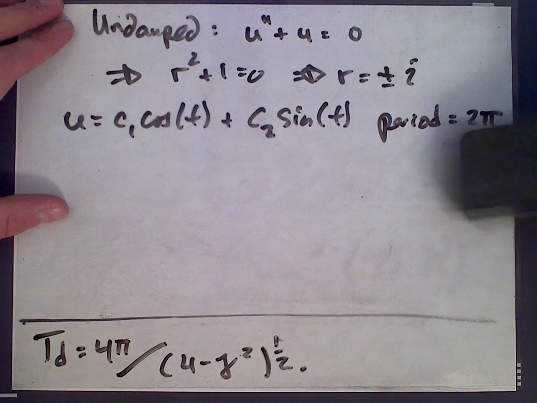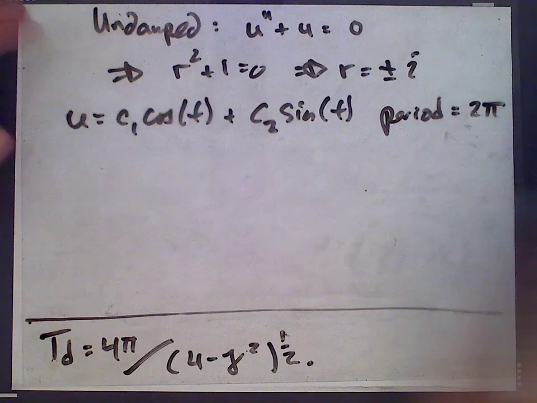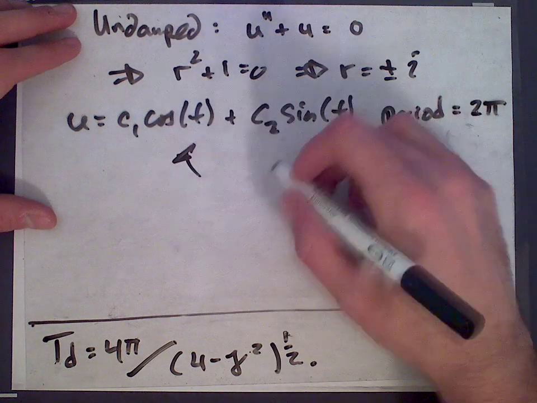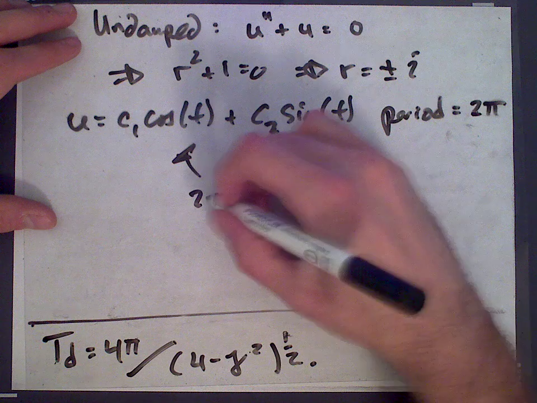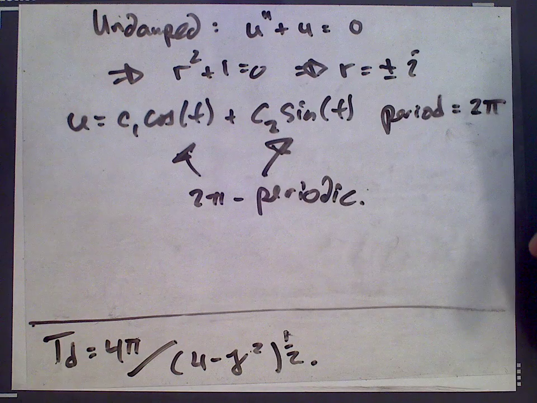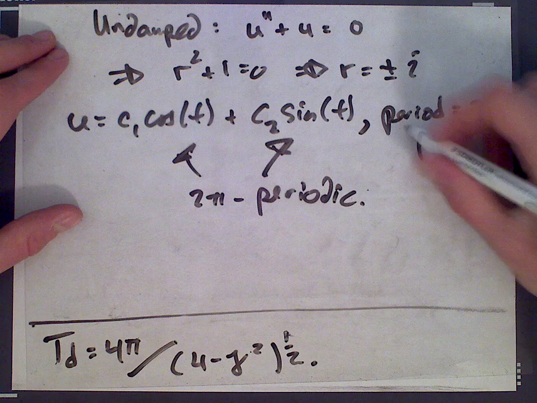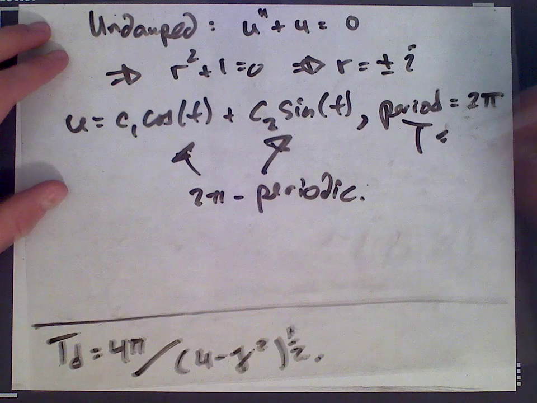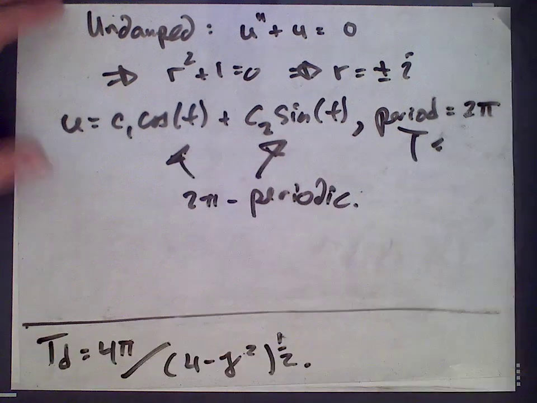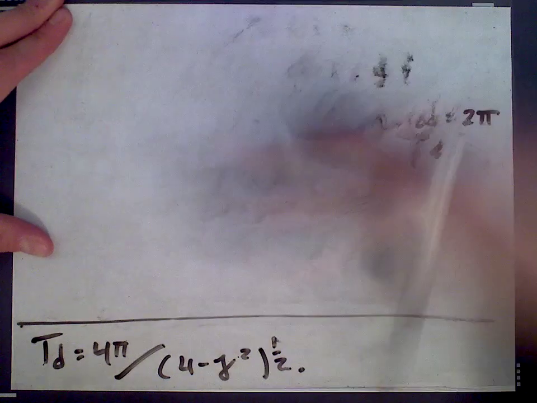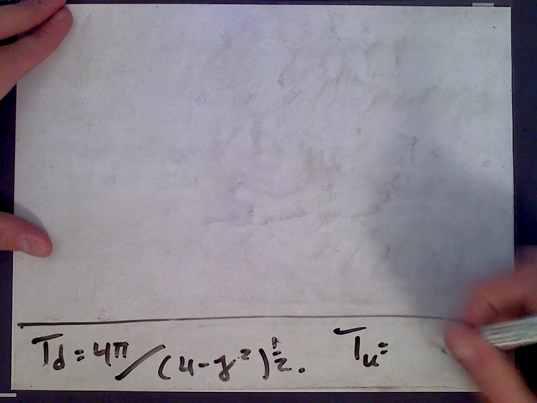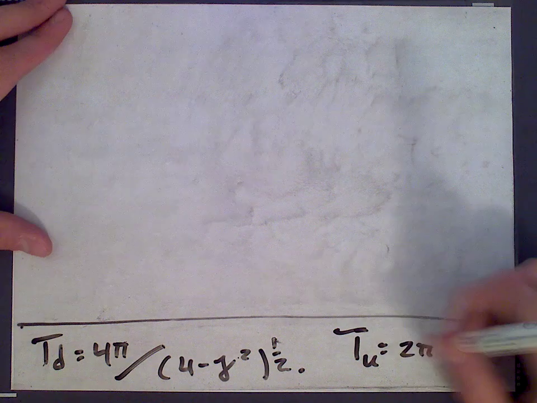But for us, we can see we just have sine and cosine, and we know sine and cosine are 2 pi periodic as functions. So the period of the undamped system, I'll write that as T_u, was 2 pi.